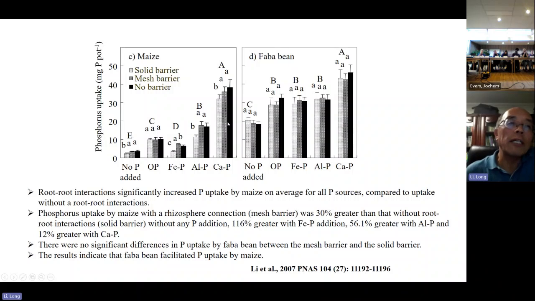There was no significant difference in phosphorus uptake by faba bean between the mesh barrier and the solid barrier. The result indicates faba bean facilitated phosphorus uptake by maize. We were interested in what's the mechanism behind the facilitation of phosphorus uptake.